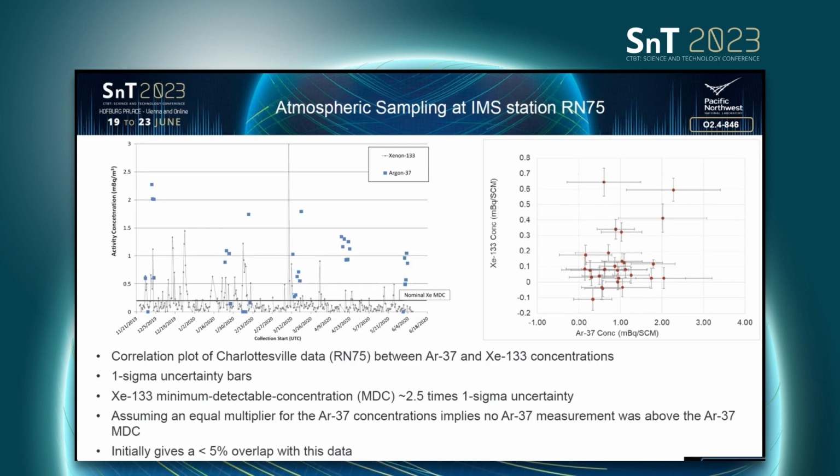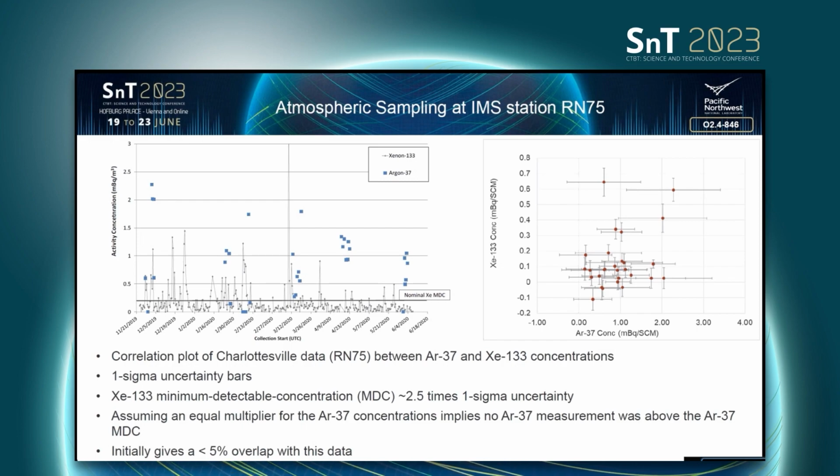We wanted to also understand if we could put a sampling system next to an IMS station and measure the argon-37: can we see a correlation with the xenon hits with argon that we measure? So we put a system at RN75, just an air collection system, collected bottles of air, shipped those back to PNNL, and ran them on the argon-37 system.